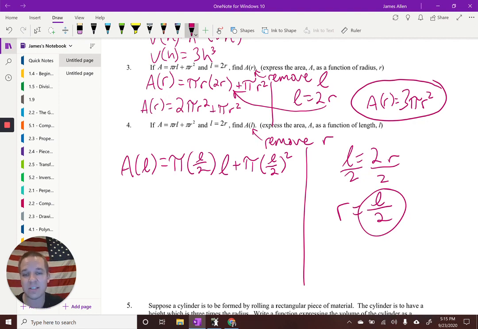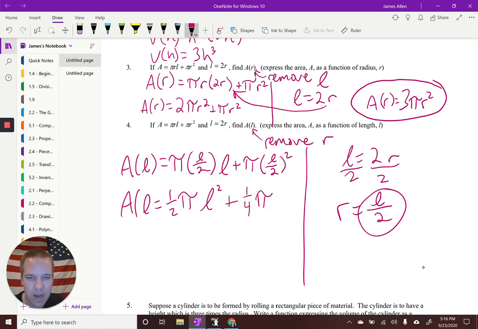So now I have all L's here, but let's go ahead and do some simplifications. So if A of L is equal to, well, this would be L squared, and that over 2, so we could say 1/2 pi L squared. And then plus, and this would be, well, if we're squaring that, that's going to be 1/4 pi L squared.